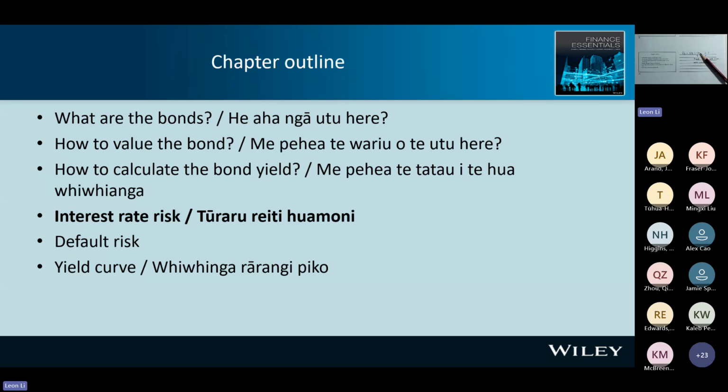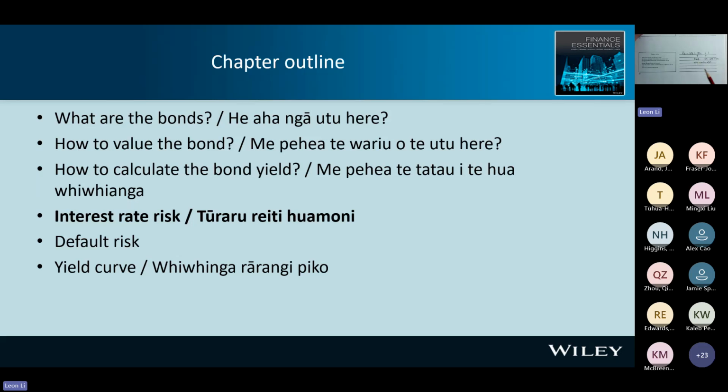Cash flow of bond, they are fixed when the bond is issued, but we have credit risk. That means the company might go bankrupt. They are unable to pay their promised coupon and the lump sum payment. This is a credit risk.